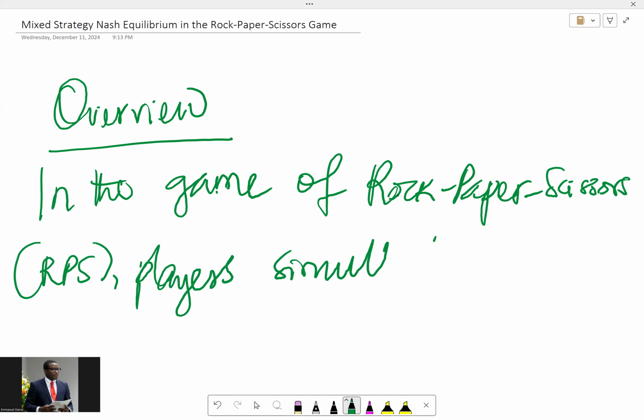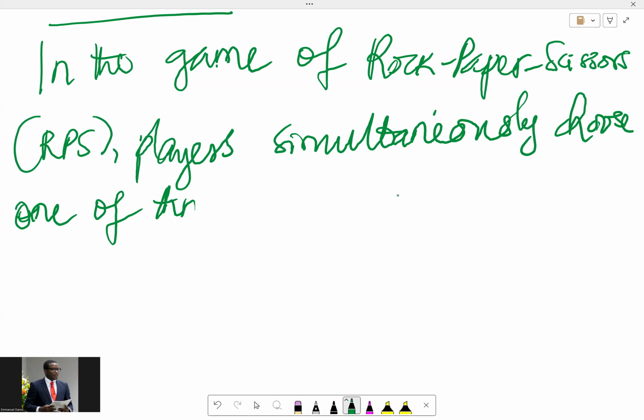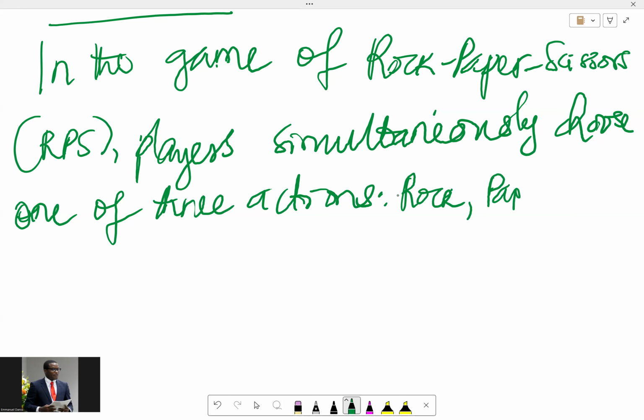simultaneously choose one of three actions. So that's more like their strategies, right? And the actions are either rock, paper, or scissors.